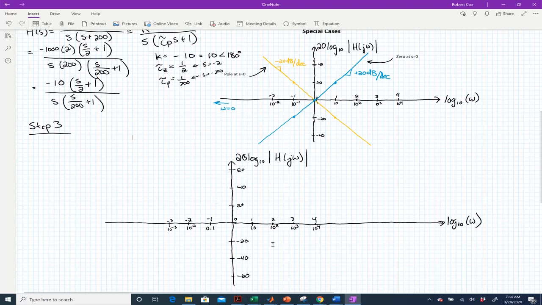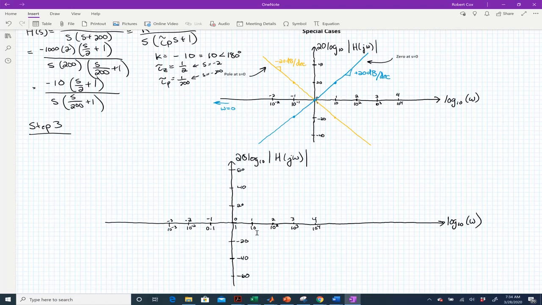So here is the graph that I've drawn, and I marked it off as I always do. At the origin here, 0 corresponds to omega equal to 1, right? The log of 1 is 0. The log of 10 is 1. The log of 100 is 2.